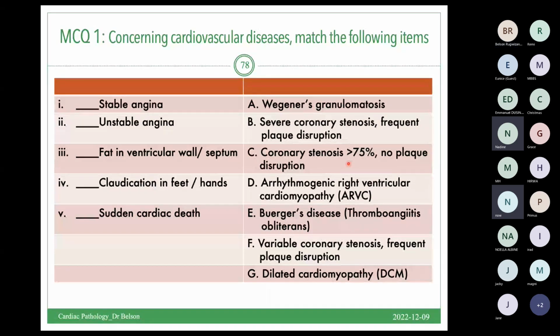Anybody? I would say dilated cardiomyopathy. Dilated cardiomyopathy. Yes. I think it's D. Why D? Arrhythmogenic right ventricular cardiomyopathy. Why do you think so?